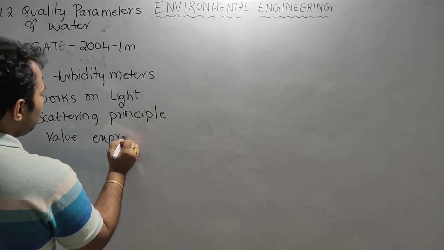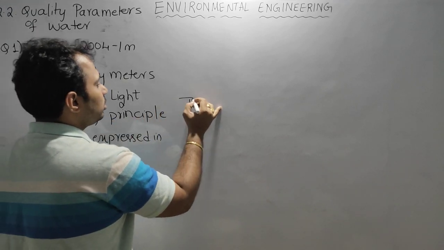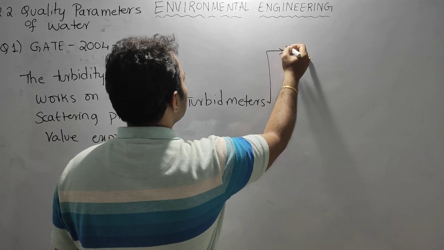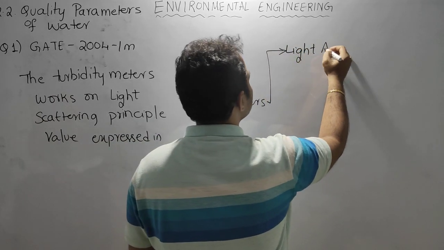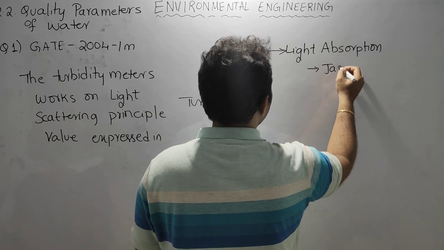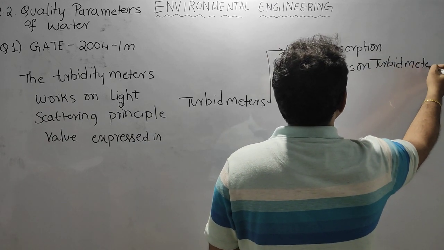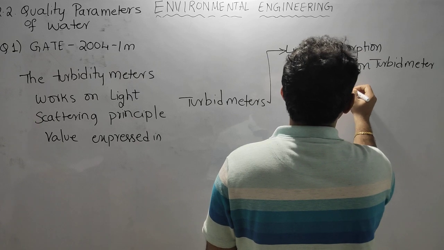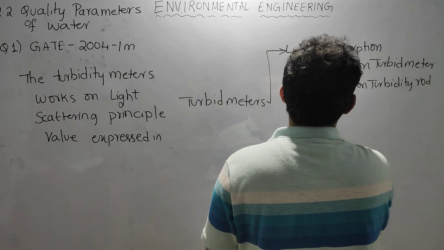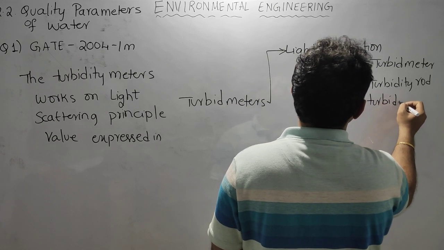See here, there are two kinds of turbidity meters. One works on the light absorption technique, such as the Jackson turbidimeter, Jackson turbidity rod, and Baylis turbidimeter.